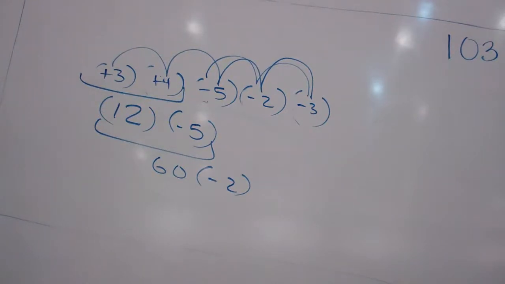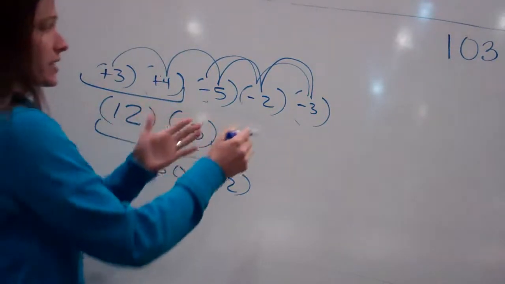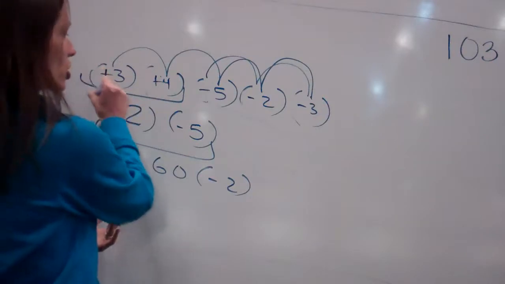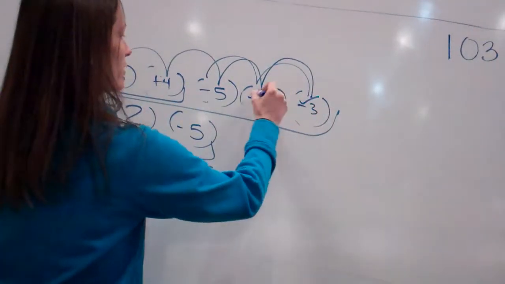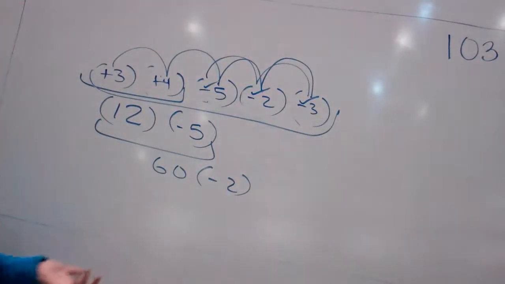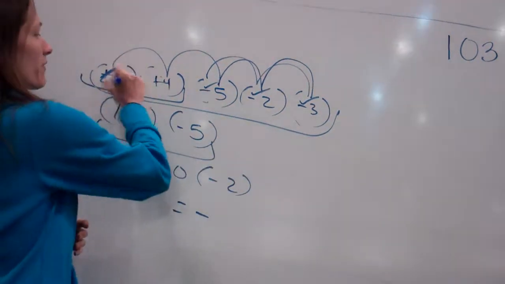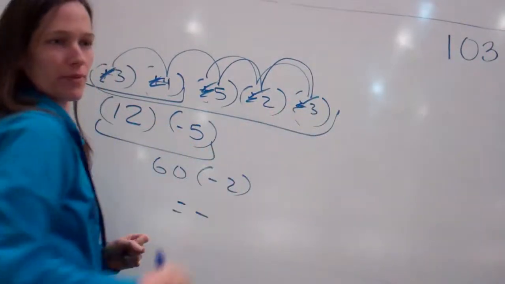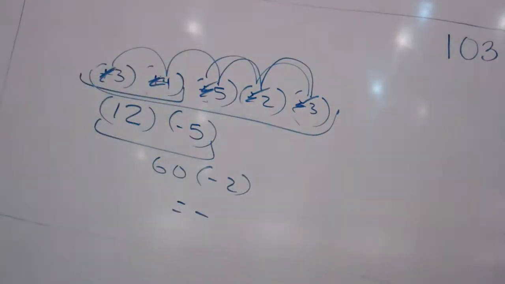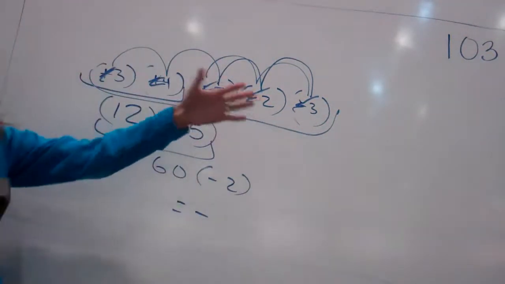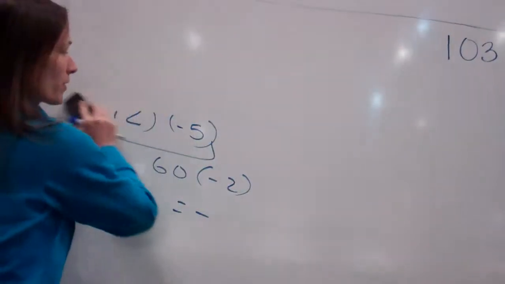You can continue doing it like that and work it. It's just easier just to look at it and go, okay, I have 1, 2, 3 negatives. 3 is an odd number. Odd means the answer is going to be negative. And then get rid of those and just work with the numbers from there. That's the easiest way, okay? But if your brain works better doing it all the way out, that's fine as well, okay? I'm just showing you the easiest way.